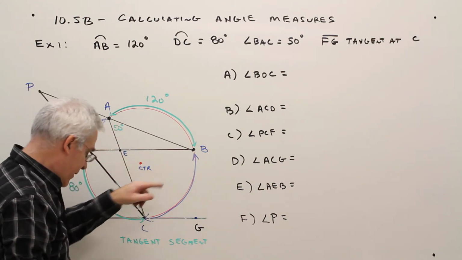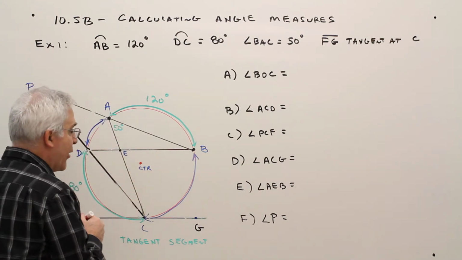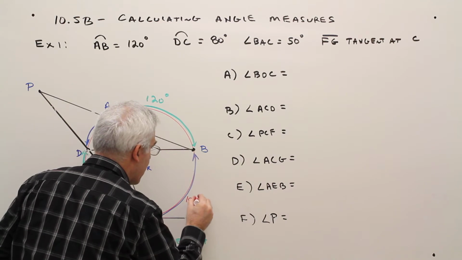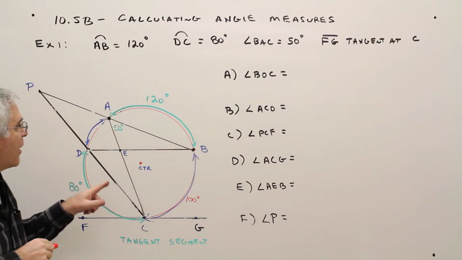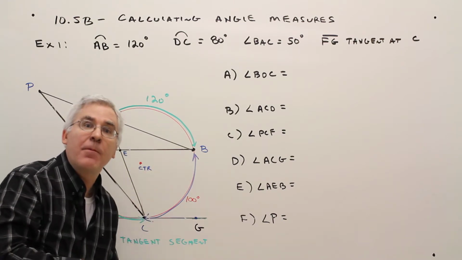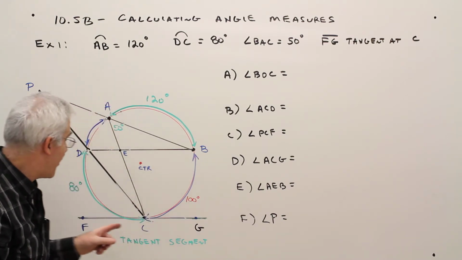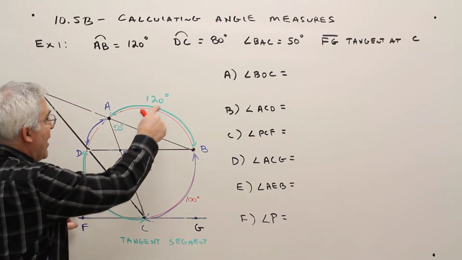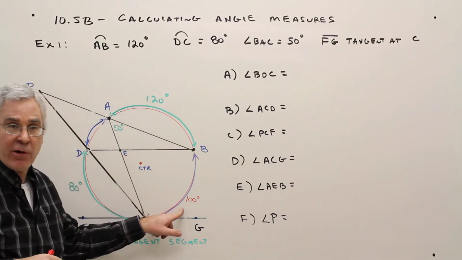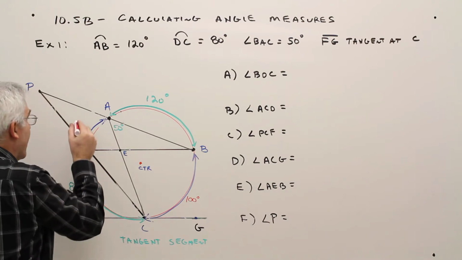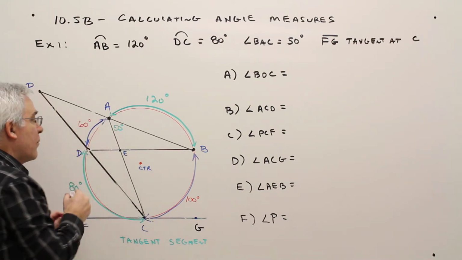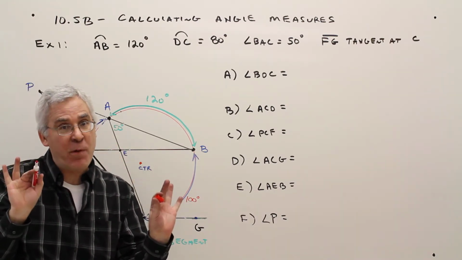So if that's 50, that must be 100 degrees, and that's from right there to right there. Oh, I know in a whole circle, I've got 360 degrees. Well, I've got 80 and 120, that's 200. Another 100, that's 300. I've got no choice but for that to be 60 degrees. Okay, I've got all the arcs specified.